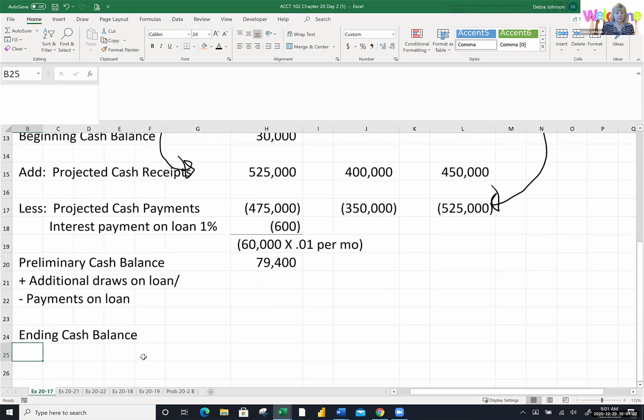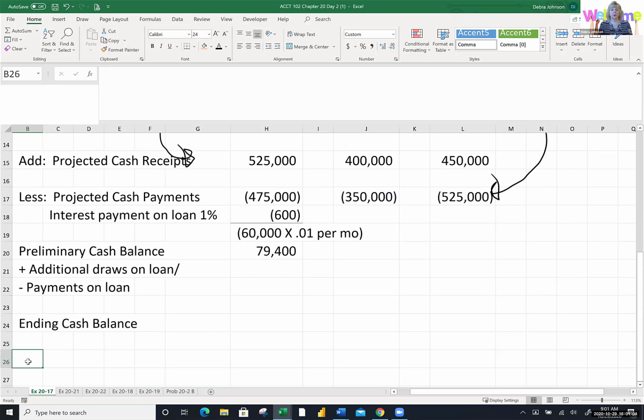They're going to pay that loan balance down. So someplace at the bottom, write yourself a note. I don't care where it is, someplace off to the side. Right now, the January loan balance, we know, is 60,000. What they said is, if we have above our minimum balance, we're going to use any excess to pay that $60,000 down.